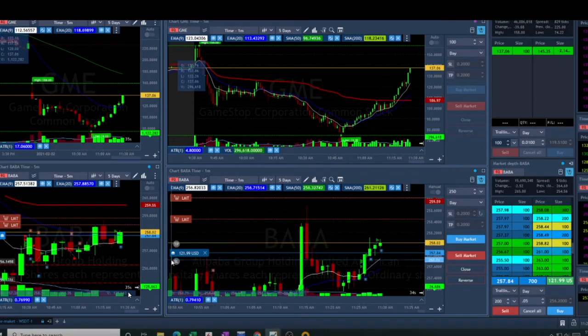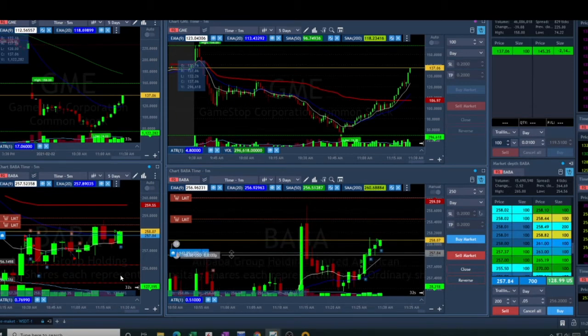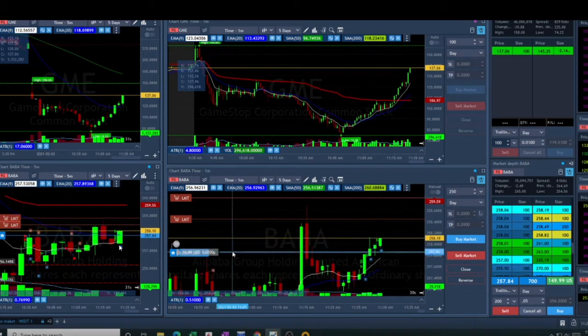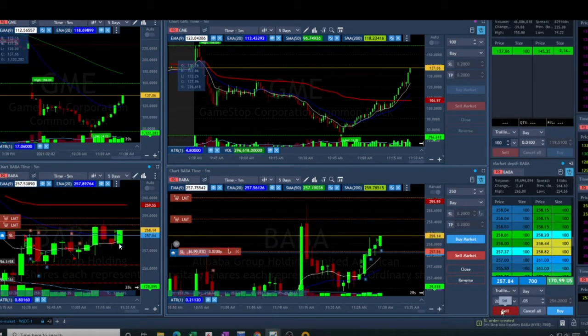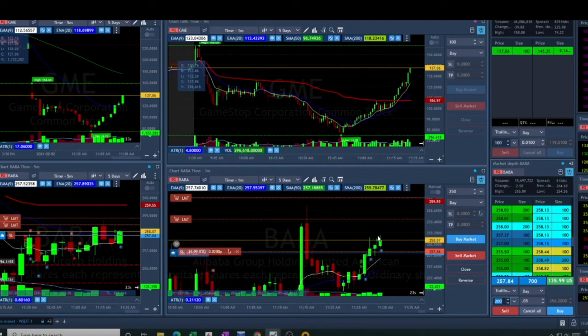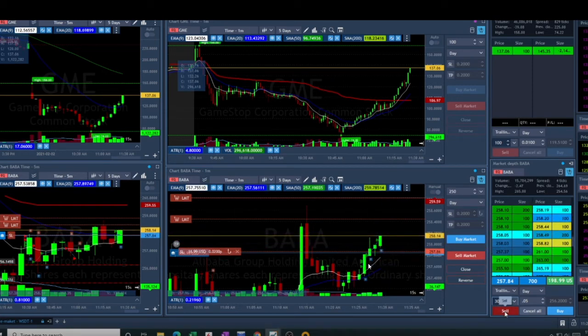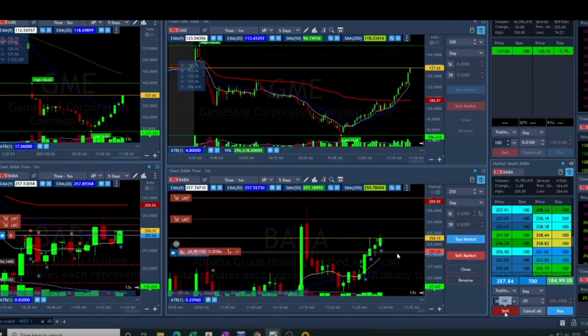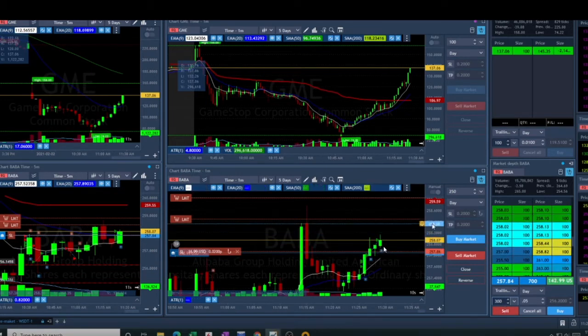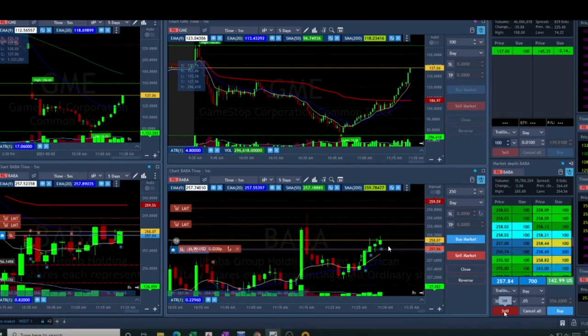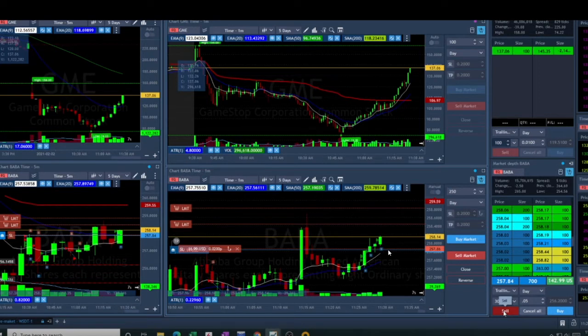There are 35 seconds left in closing this 5-minute candle, so this candle is very important. The moment it broke up and went above 258, I immediately placed a stop loss order at my break-even, which is around 257.886, because since it's already up to 58, I do not want it to come back down and retest below 258.